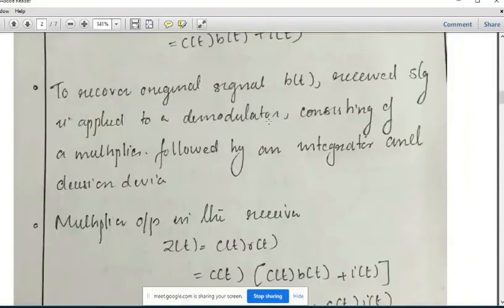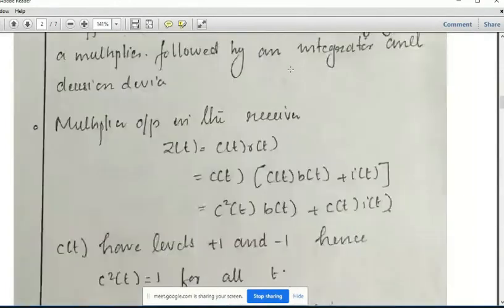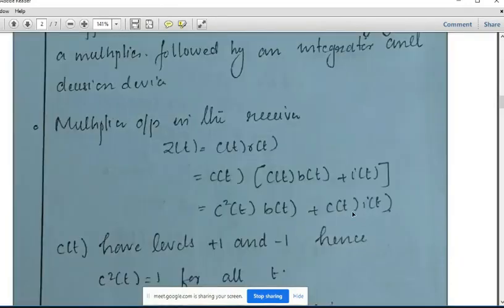We have derived the equation for R of t: R of t is C of t into B of t plus I of t. Substituting and multiplying the C of t inside the bracket, it will be C square of t into B of t plus C of t into I of t.